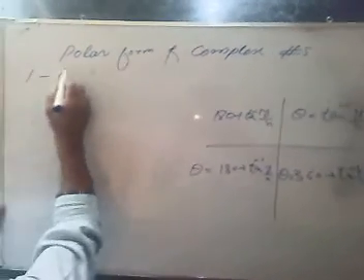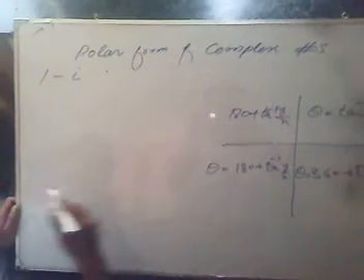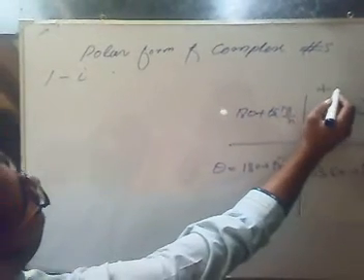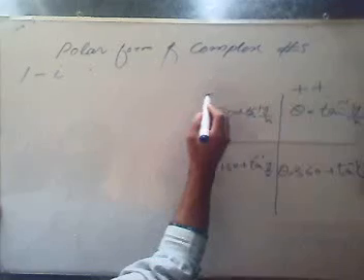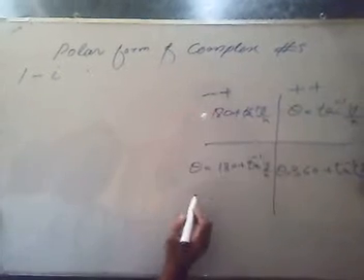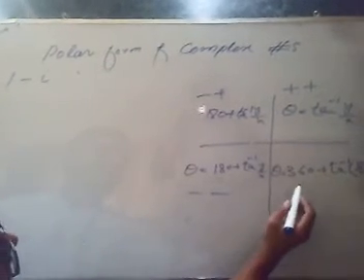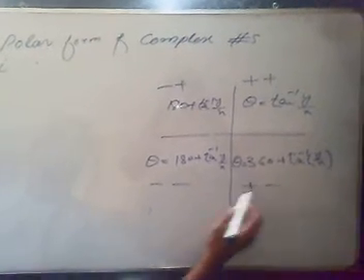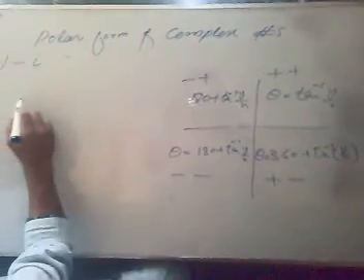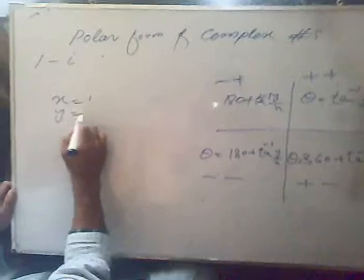Suppose I have 1 minus iota. As you know, here x is positive, y is positive, here x is negative, y is positive, here x is negative, y is negative, and here x is positive and y is negative. So here x is 1 and y is minus 1.